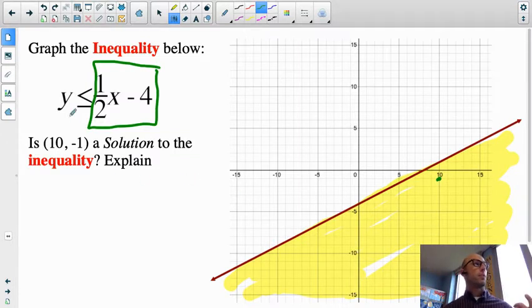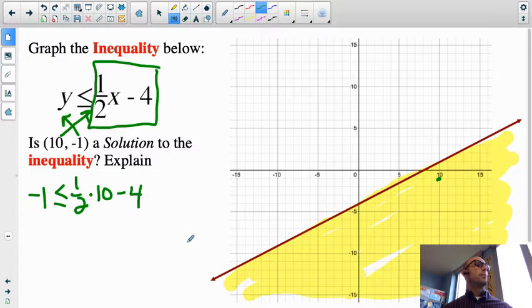Now I'm going to show you algebraically why that works too. So let's plug it in. Here's my y value, here's my x value, and we're going to see if it's true. So y, that's -1, less than or equal to 1/2 times 10 minus 4.